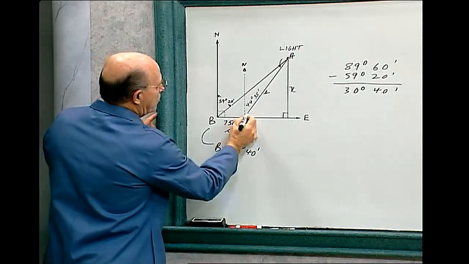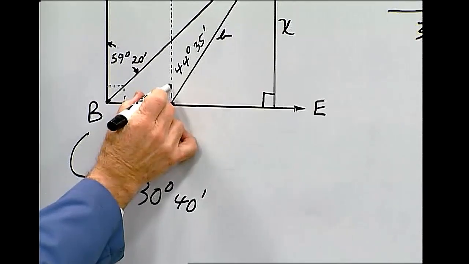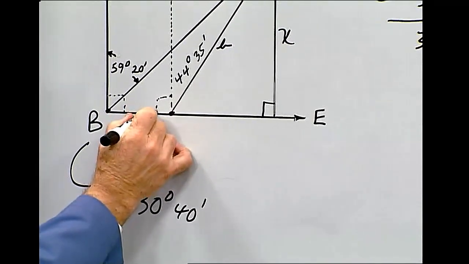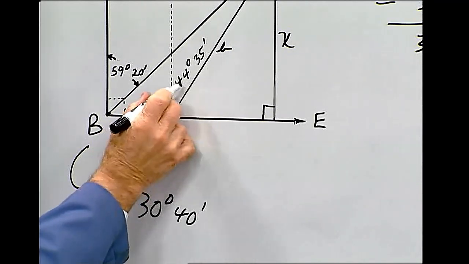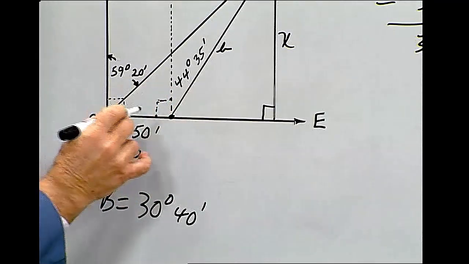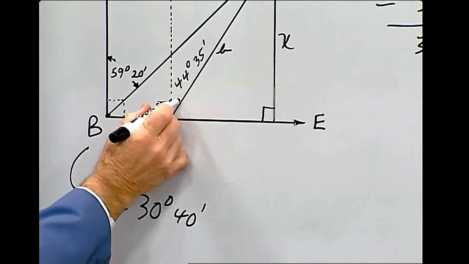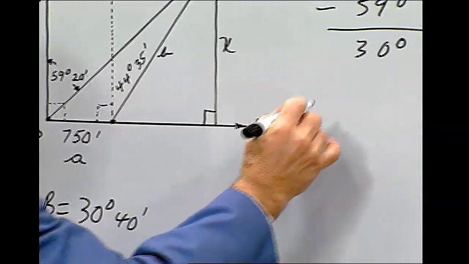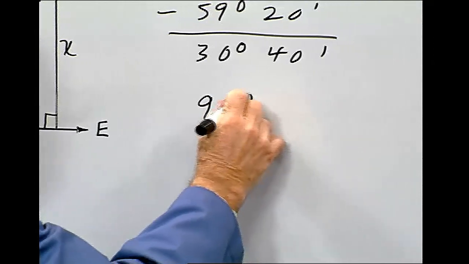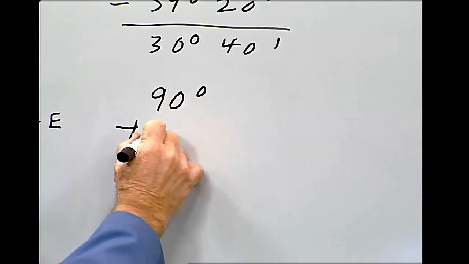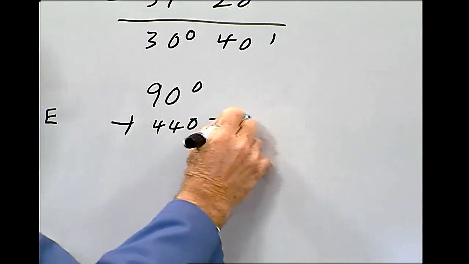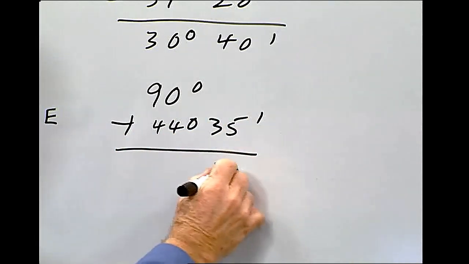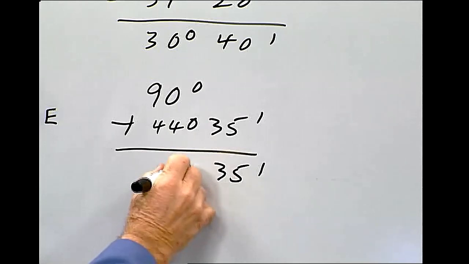We know this angle from here is 90, and all we have to do now is add 90 to 44 degrees 35 minutes, then we have this angle. So 90 degrees plus 44 degrees 35 minutes equals 134 degrees 35 minutes.